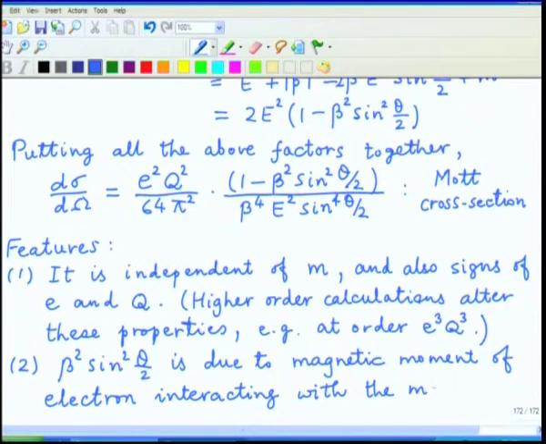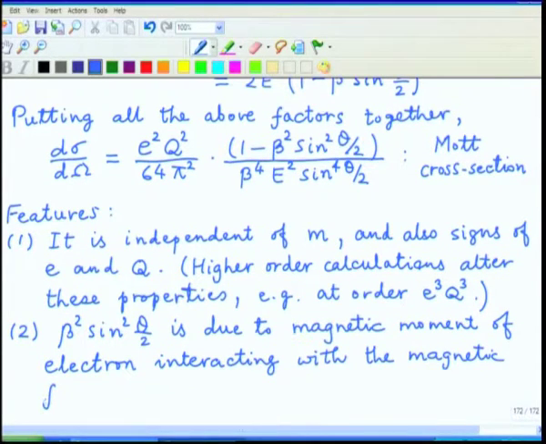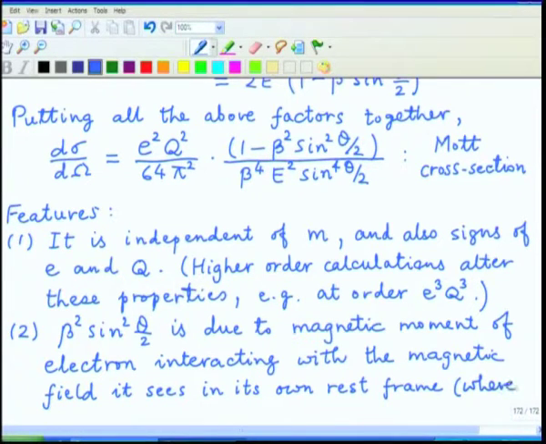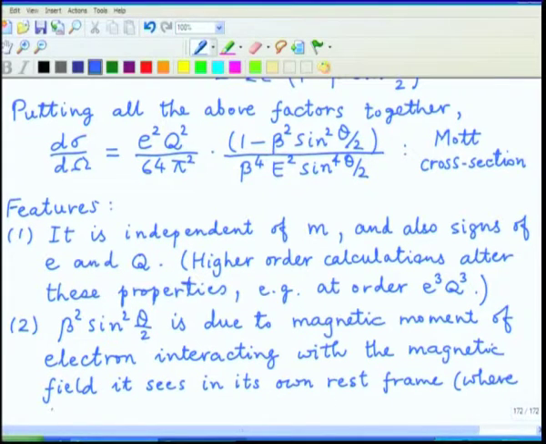With the magnetic field the electron sees in its own rest frame, that is because the target charge q is moving.